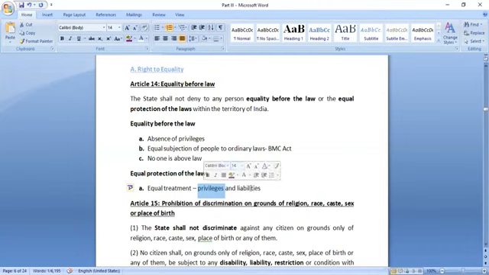If there are certain liabilities, for example, children between 7 to 12 years would be made liable under the Juvenile Justice Act, this liability also would be similarly applicable. It cannot be that one person is made liable under juvenile justice and another under IPC. So equal treatment basically means equal treatment should be given both in terms of privilege and liabilities under any act to all the people under similar circumstances.